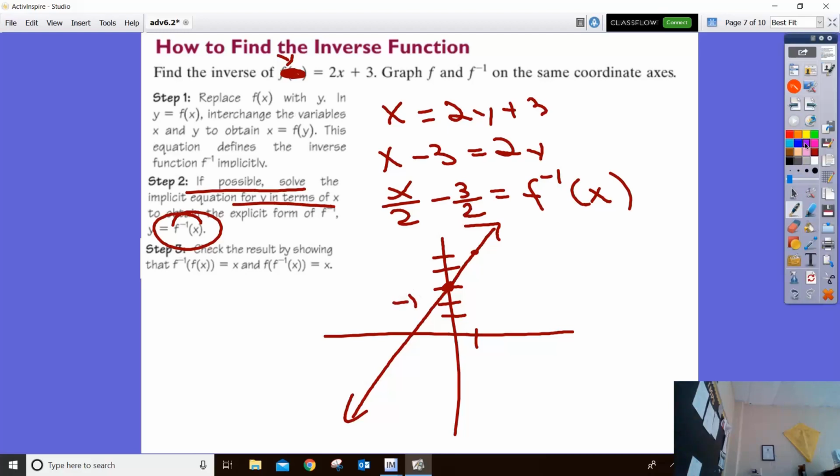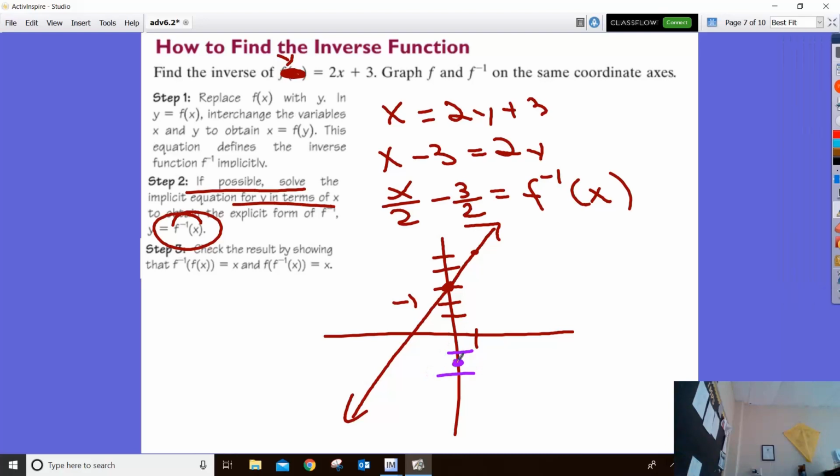Its inverse is x over 2 minus 3 halves. Where does it cross the y-axis? Negative 3 halves, which is halfway between negative 1 and negative 2. And from that point, it rises 1. You may not see that.